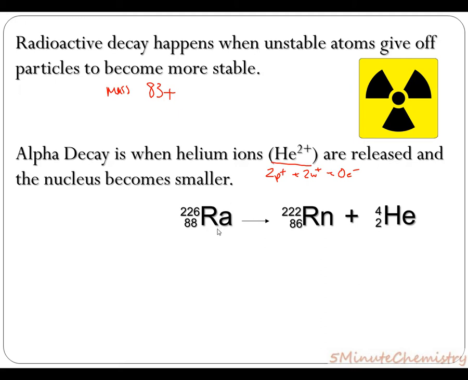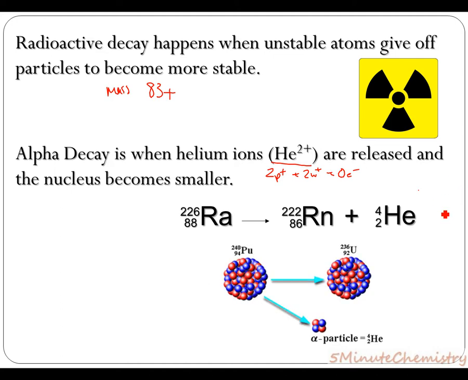The parent atom is going to break down into an alpha particle, as well as this, which is known as the daughter isotope. And if you think of this arrow as though it's an equals sign, you notice 226 is equal to 222 plus 4. 88 is equal to 86 plus 2. So you can kind of see how those come together.